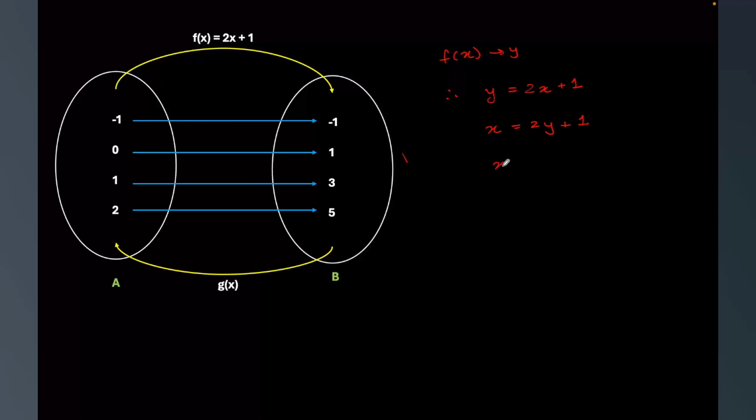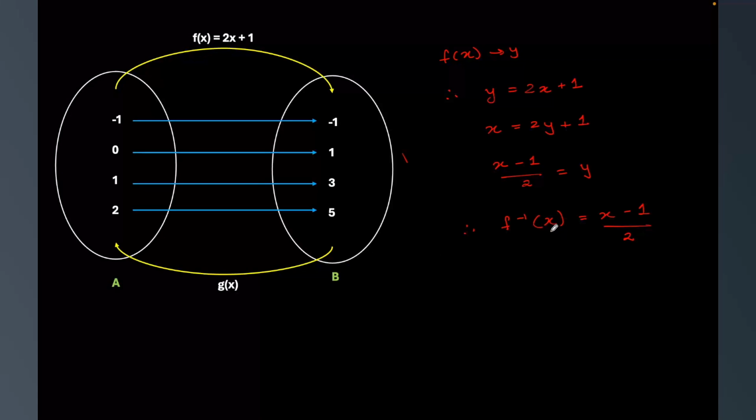So we'll have (x minus 1) by 2 is equal to y. We've exchanged it and we've solved for y, or you can call this the original x, if you want to. I won't blame you for it. So therefore, our inverse is (x minus 1) by 2. That's about it. Super simple, nothing too crazy.